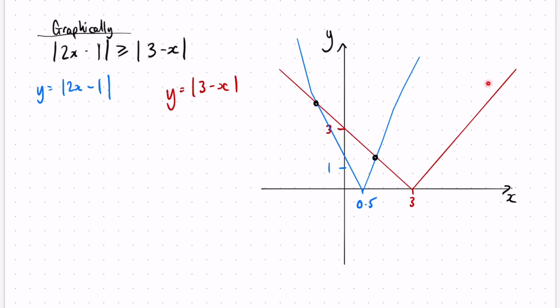This line is never going to intersect with either one of those lines. The only one I need to consider is the equation of that line, and then the equation of this line, and where they intercept one another.